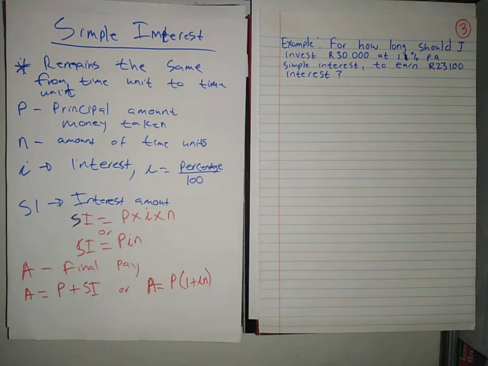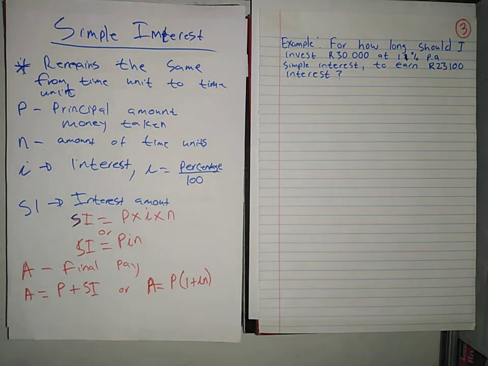I've got 30,000 rand and I want to invest it, but I want specifically the interest to be 23,100. So how do I make it happen? For how long must I invest this money?